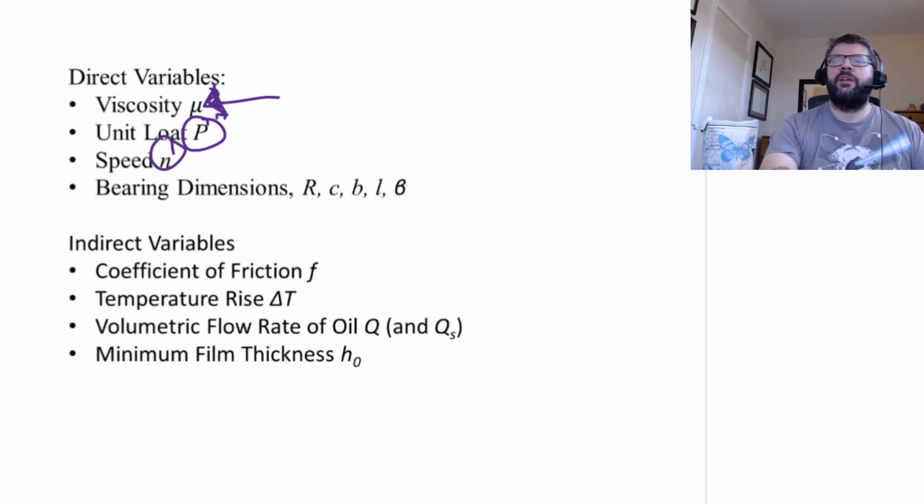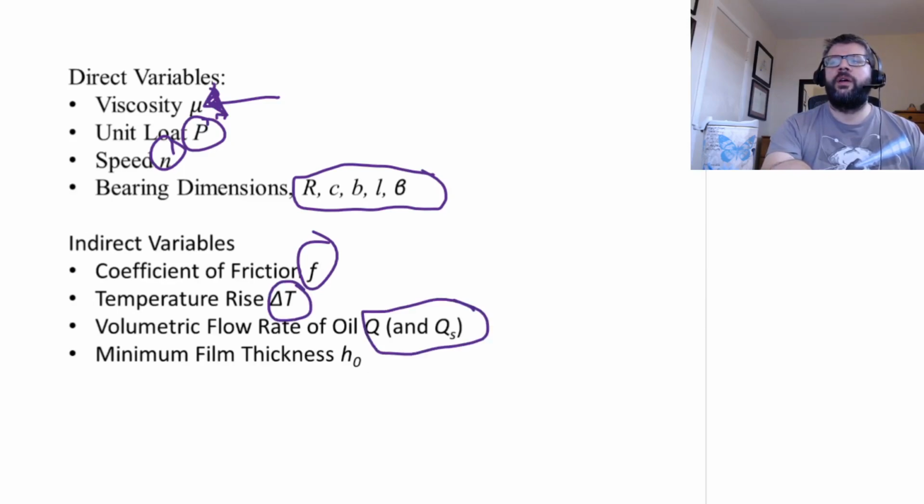So it's a direct indirect variable to a degree. Now, obviously, the bearing dimensions are stuff that we can change as well. Indirect variables: coefficient of friction, temperature rise, volumetric flow rate of the oil, both total and side flow, and then the minimum film thickness is the stuff that we need to try to control using those other variables.